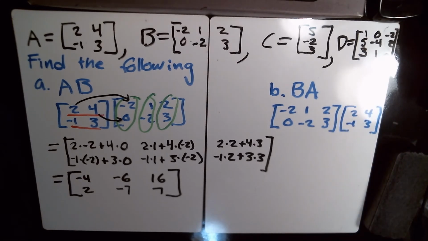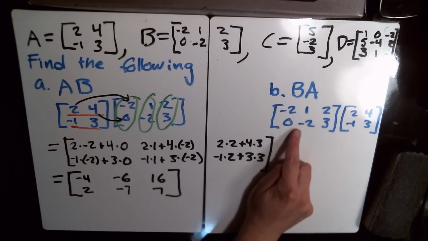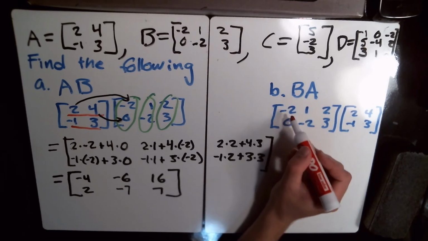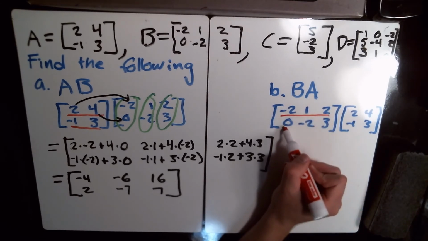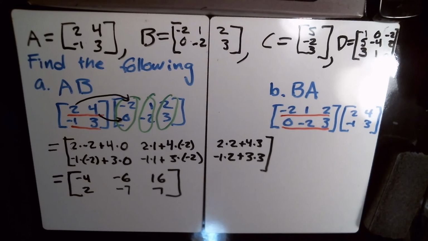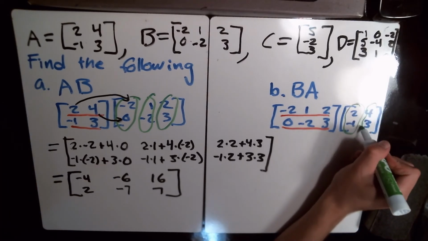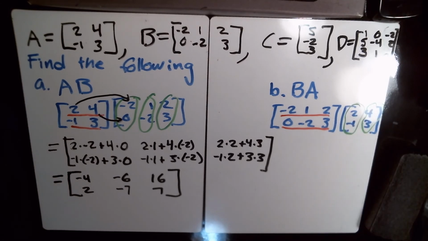So when we do this, we're always taking rows of this matrix times columns of that matrix, right? So rows and columns.